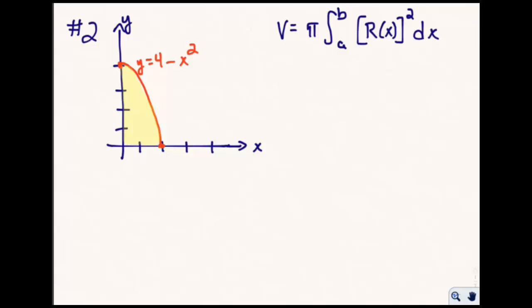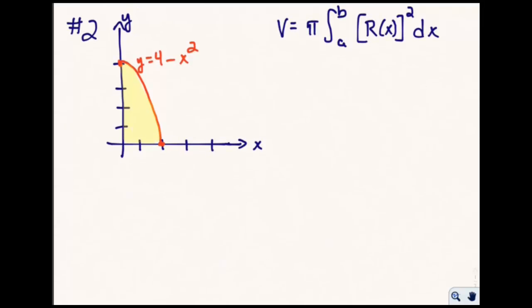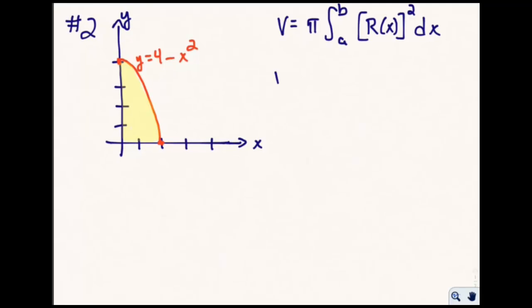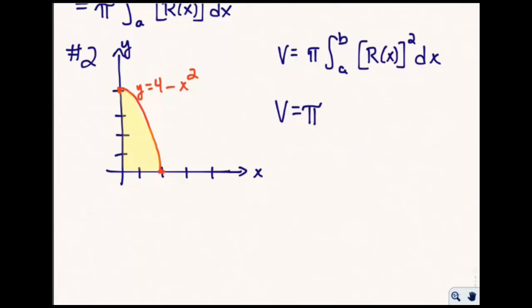So in this situation, our volume equals pi times the integral from 0 to 2 of quantity 4 minus x squared, squared, dx.